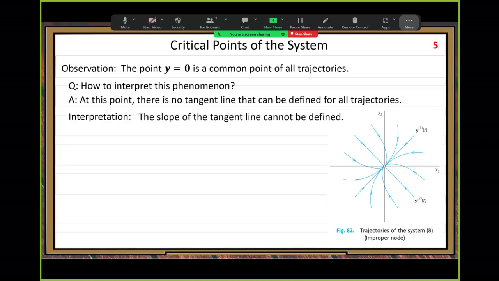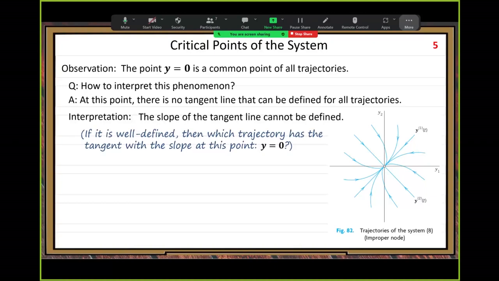If it were well defined, which trajectory would have the tangent with that slope at this point? So it's very hard to see that.